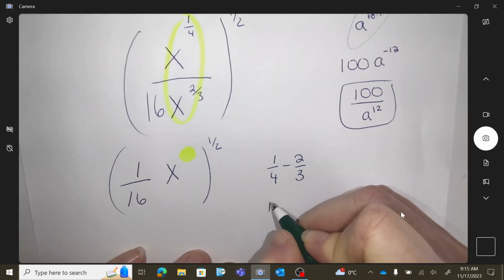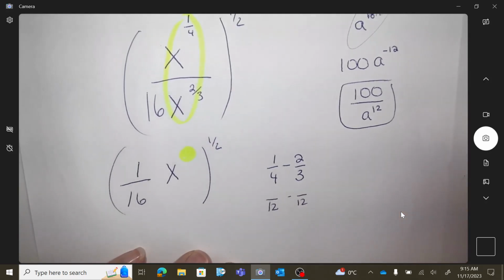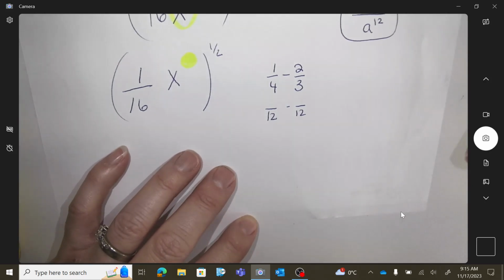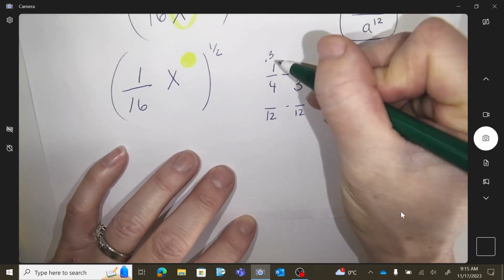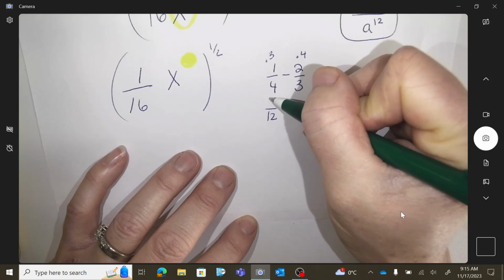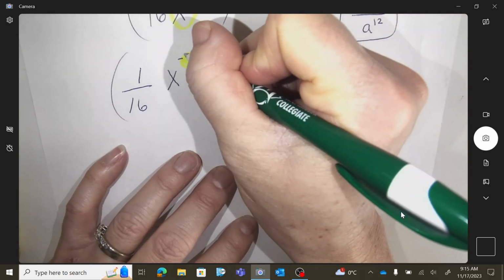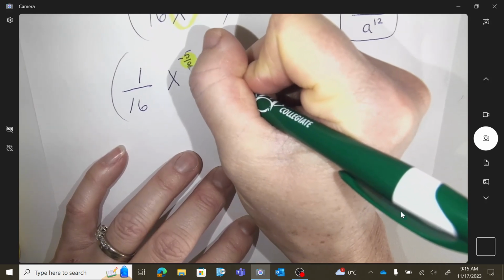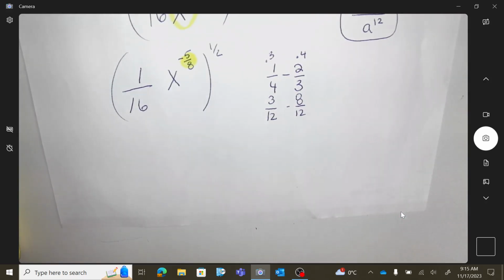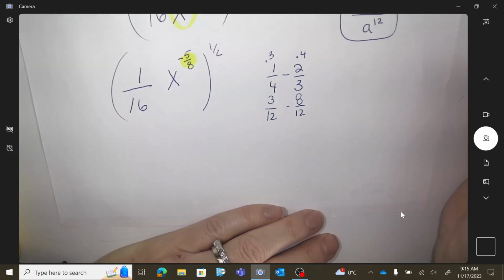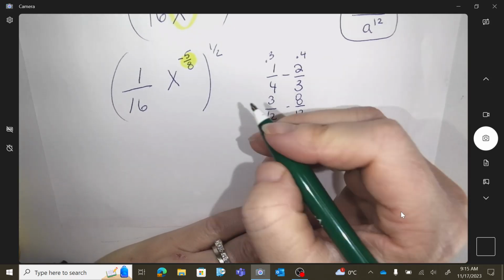Okay, let's turn them both into something with a 12. Oops, why did I put an 8?